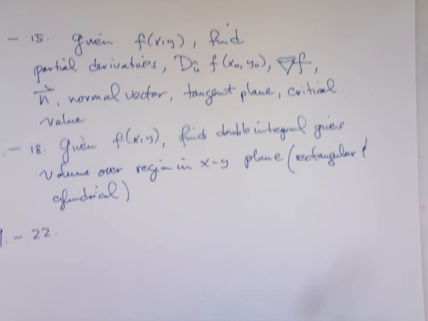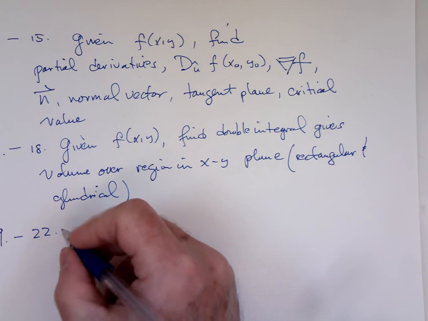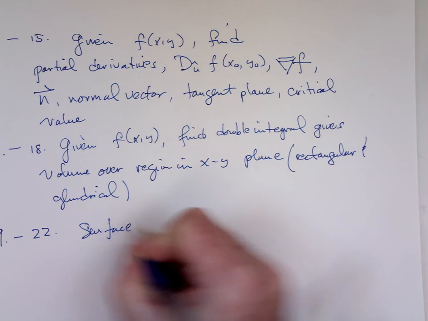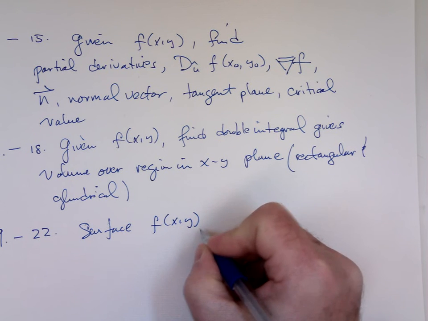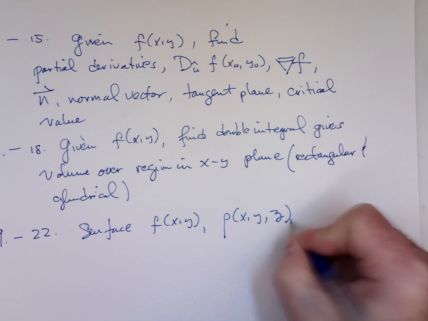The 19 through 22 is a surface. Okay, so I'm giving you a surface and a density function.